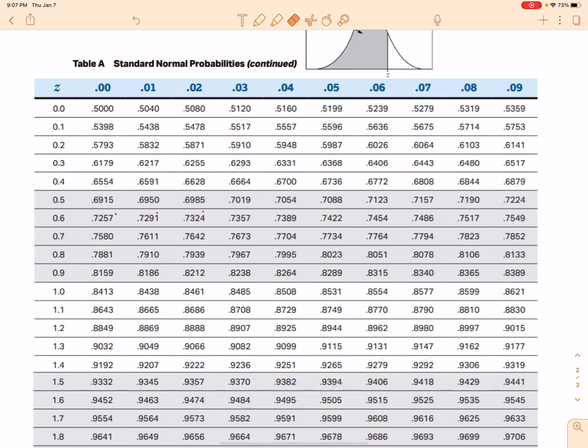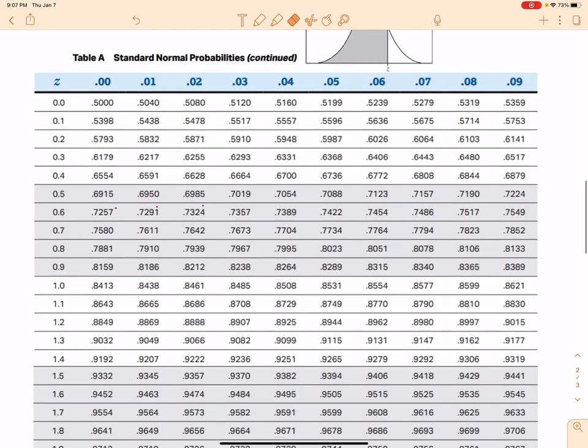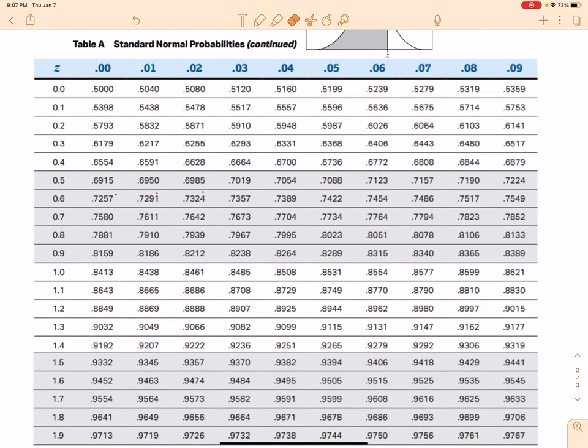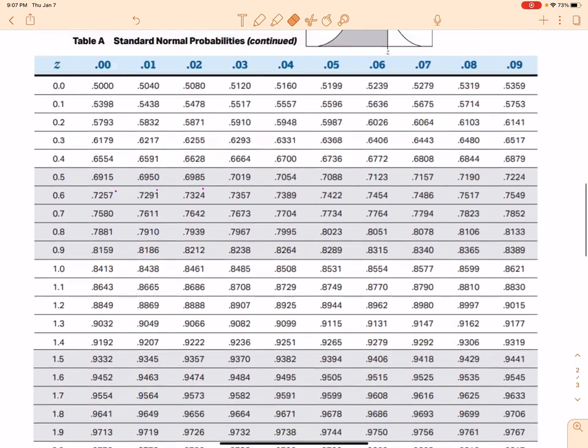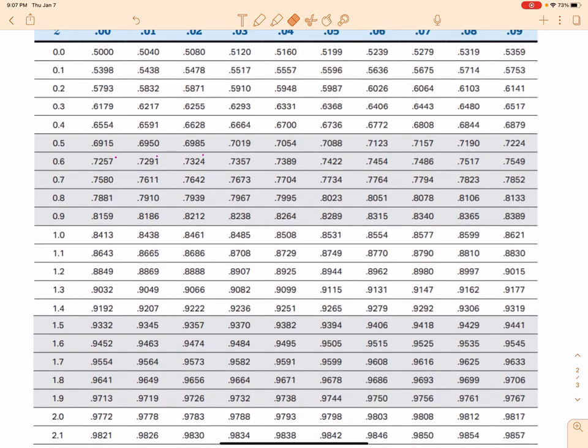So I'm now going to look within those to find a value that as closely matches 80% as I can. So what I'm going to do here, remember that this value that we just found with Staplet, it is above the mean. So that indicates that a z-score would be positive. So we're in the positive portion of the chart. That's a good place to be. That's where we need to be. So I'm going to find a value that is as close to 80% as I can.